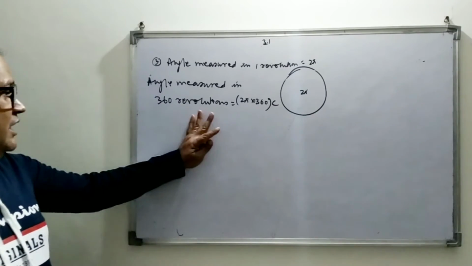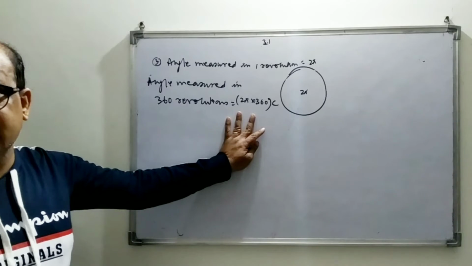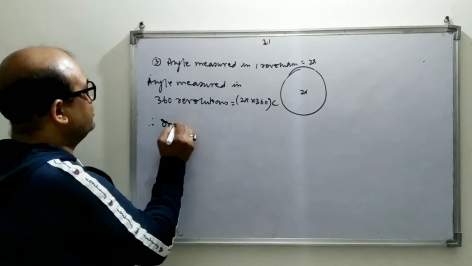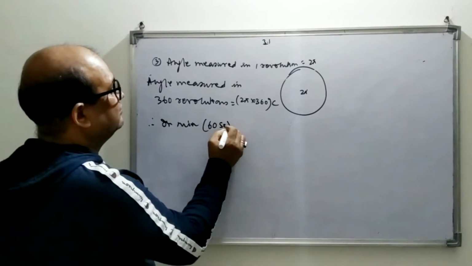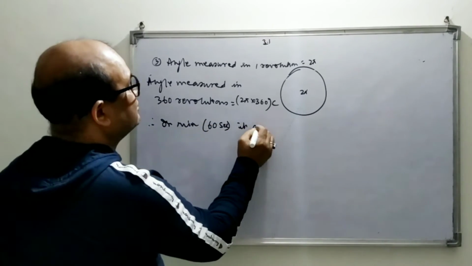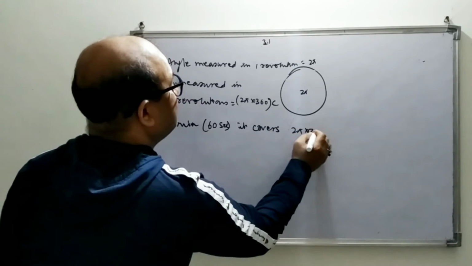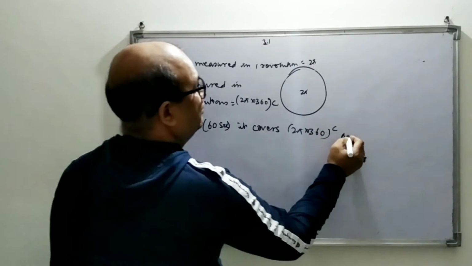Now, this much angle is measured in how many revolutions? 360. And 360 revolutions is completed in 1 minute. Now, therefore, in 1 minute, that is 60 seconds, it covers how much? It covers 2 pi into 360 radian angle.